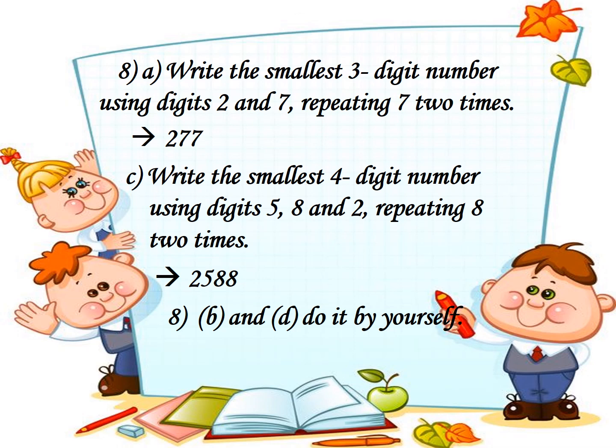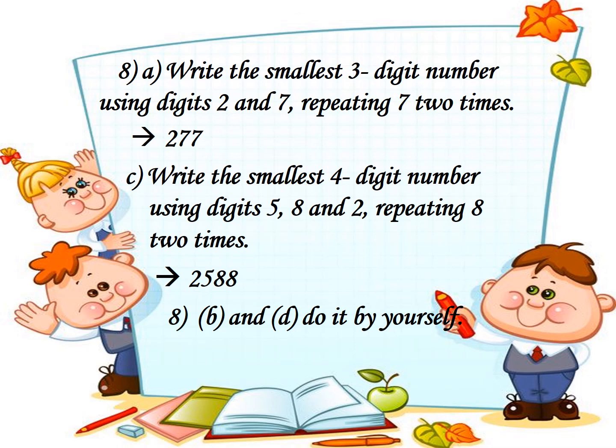Move to question number 8. Write the smallest 3-digit number using digits 2 and 7, repeating 7 two times. You have to repeat 7 two times and make the smallest 3-digit number. So the number will be 277. Question number C. Write the smallest 4-digit number using digits 5, 8 and 2, repeating 8 two times.